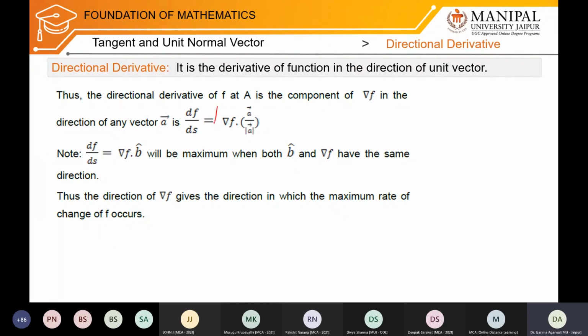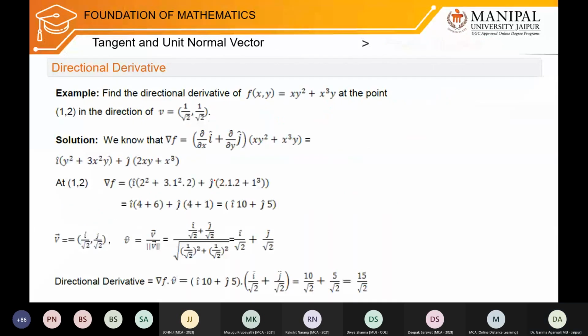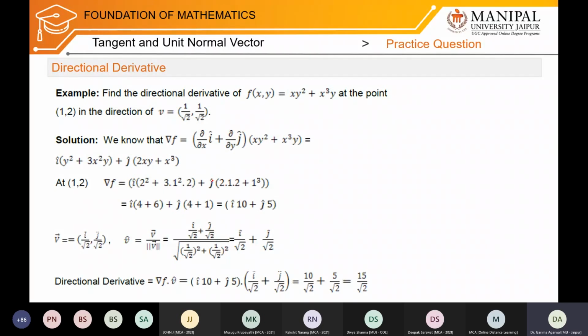So it is grad f dot vector a upon magnitude of a, or we can write it as grad f dot a cap, because a cap is vector a upon magnitude of vector a. Right, so this is the directional derivative. After this directional derivative, I'll take your questions.